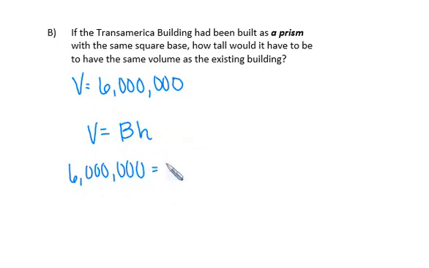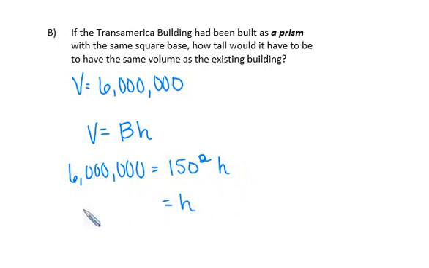And then the area of the base is the same. Okay? So that's not changing. So area of the base is length times width, so it's 150 times 150. We're trying to figure out what the height would have to be of this prism in order for it to have the same volume. So the only thing we have to do here is divide our volume by 150 squared.